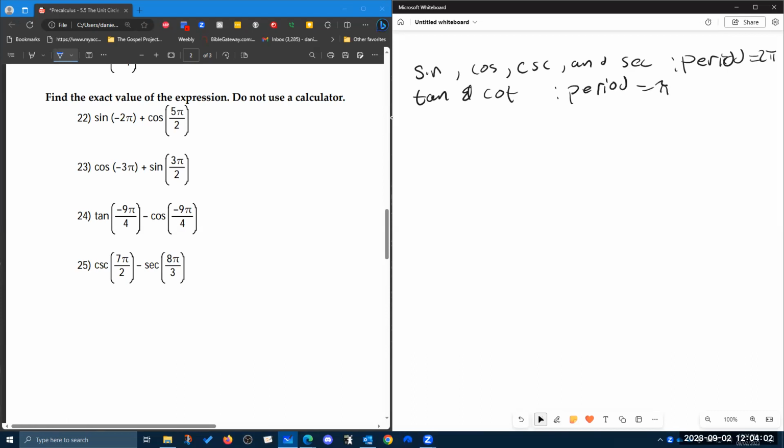They're related to the slope of a line, so whenever I come back 180 degrees to the same line, I'm going to have the same tangent or cotangent value, whereas for sine, cosine, cosecant, and secant, I have to go all the way around the circle again to guarantee that I have the same value. So it doesn't matter whether I go in the positive or negative direction for the period.